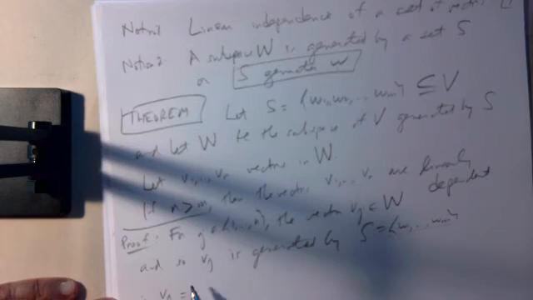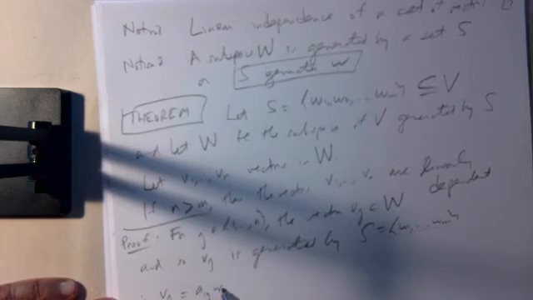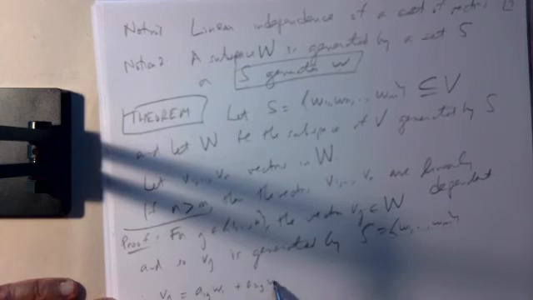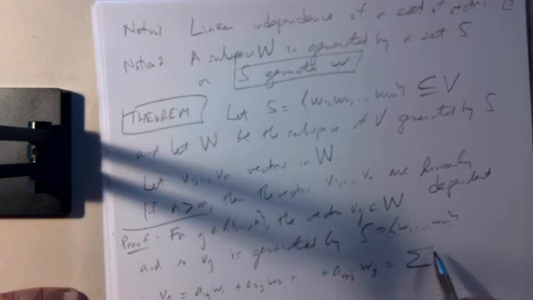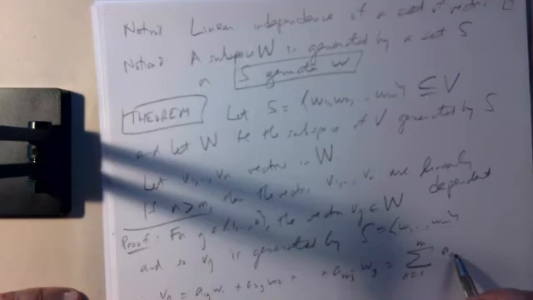It's A1j W1 plus A2j W2 up to A sub mj Wm. Or in sigma notation, this is the summation, i goes from 1 up to m, A sub ij, W sub i.